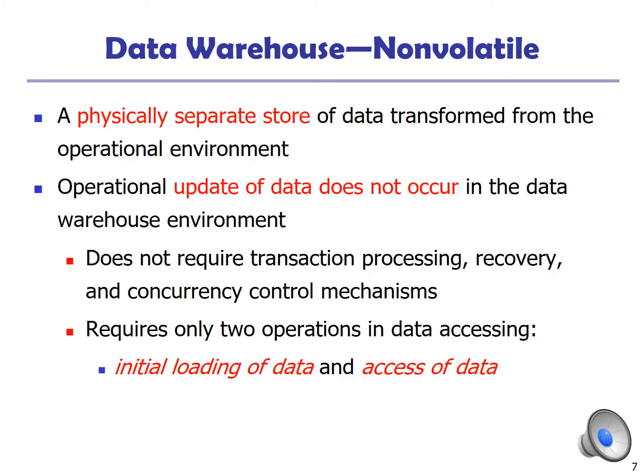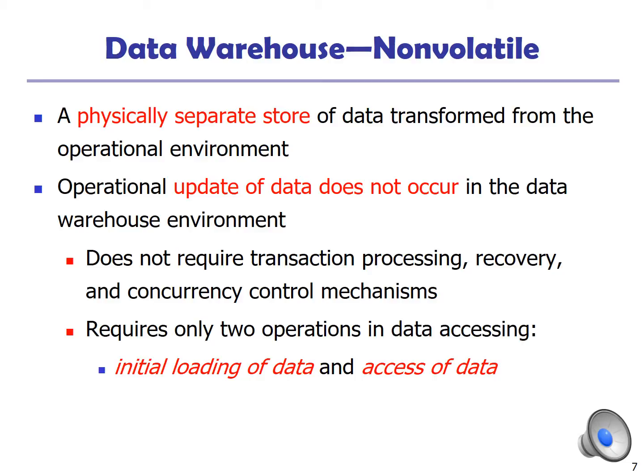It's a physically separate store of data which is transformed from your day-to-day operational environment database, after some cleaning, integration, and pre-processing that is done on our operational data. You get your data warehouse data, which is a physically separate store, all right.